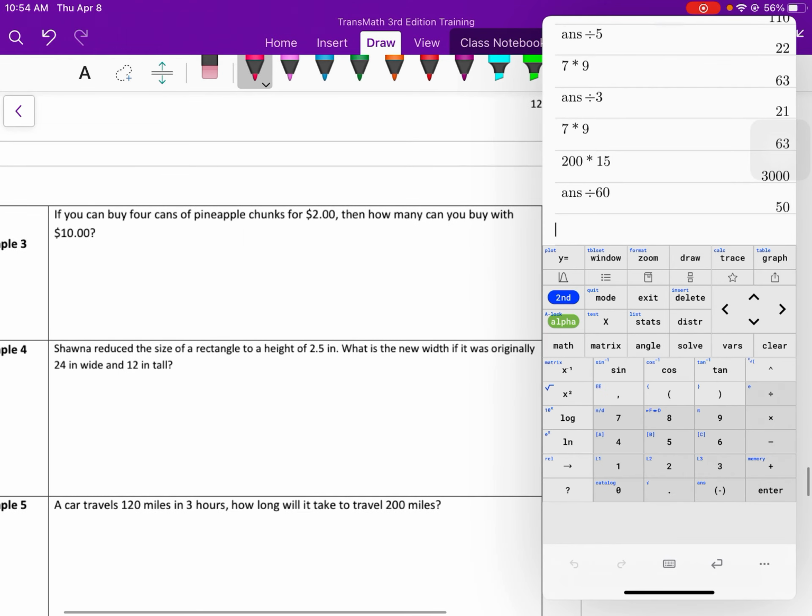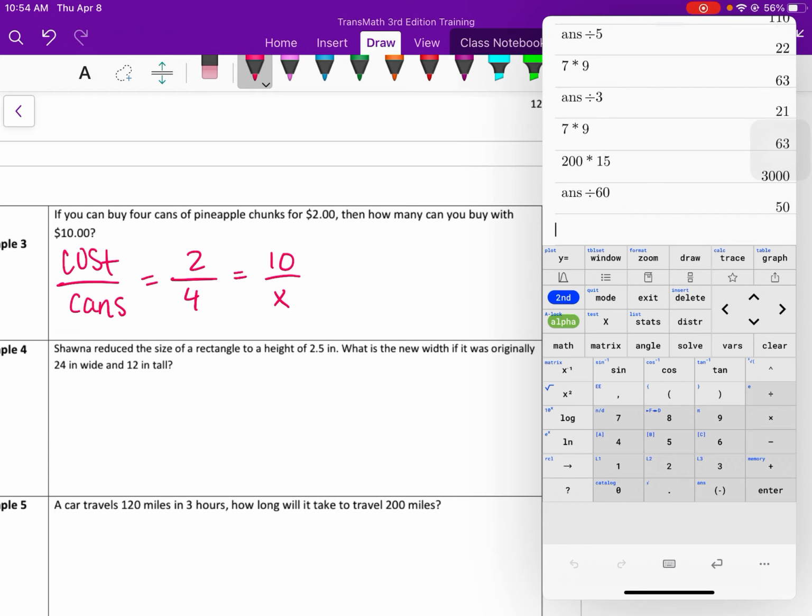If you can buy cans of pineapple chunks for $2, 4 cans for $2, how many can you buy for $10? Alright, so we're going to do cost over cans. And you can buy $2 for 4 cans.